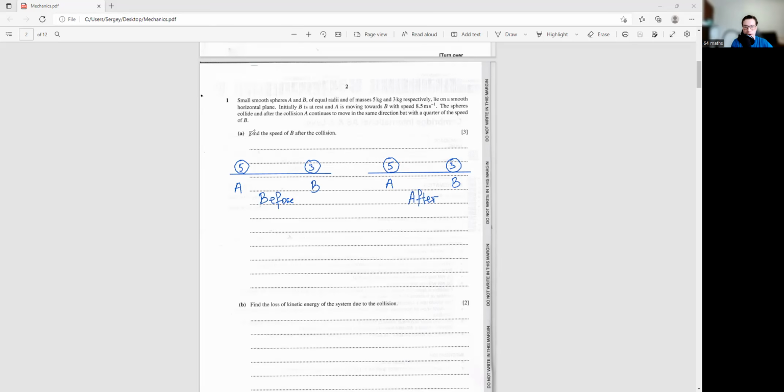Initially, sphere B was at rest, so velocity equals 0, and sphere A was moving towards B with the velocity of 8.5. After the collision, the velocity of the first sphere was a quarter of the velocity of the second one.